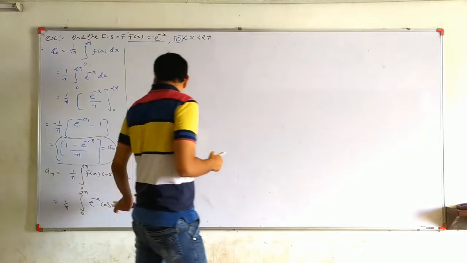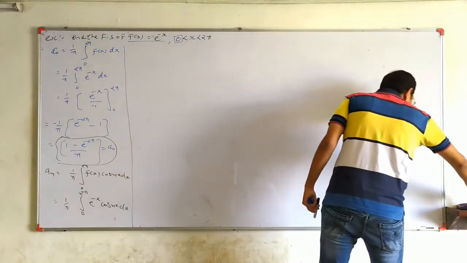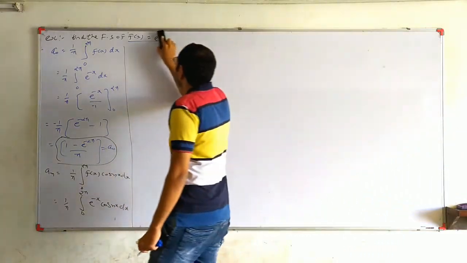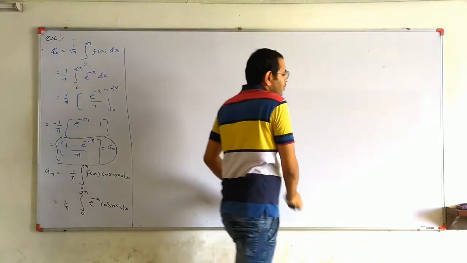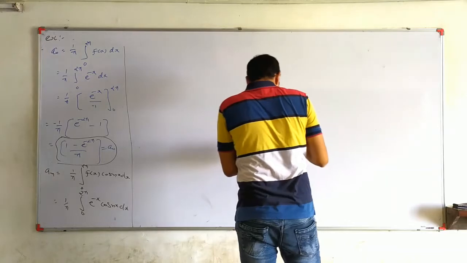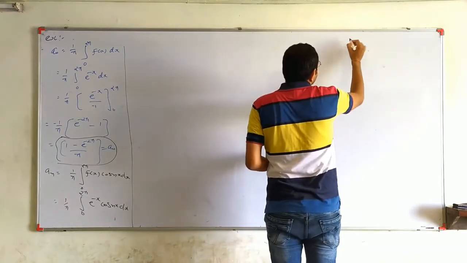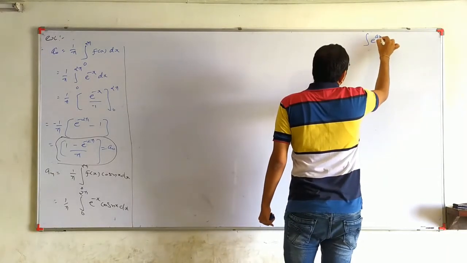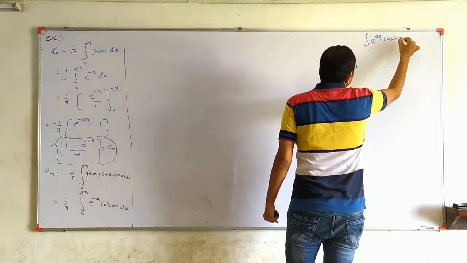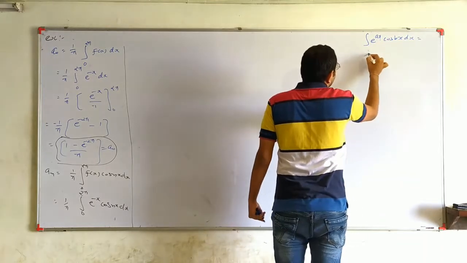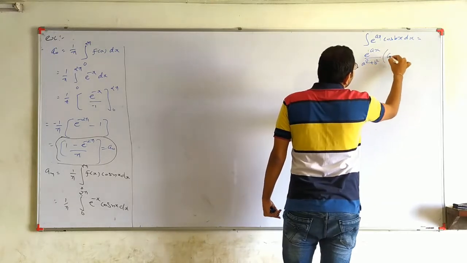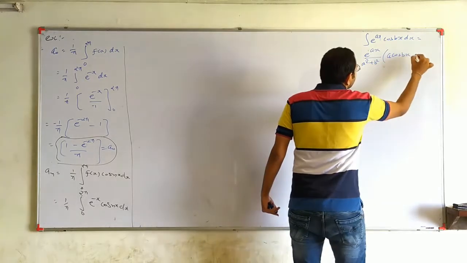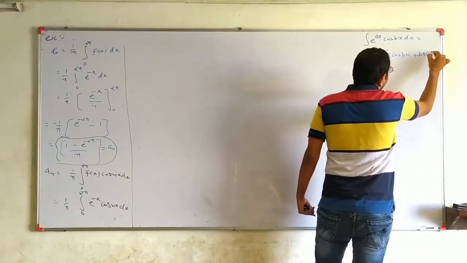In this formula we cannot go for Bernoulli's rule. You already learned in 11th science the integral of e raised to ax cos bx dx, which is e raised to ax upon a square plus b square, times a cos bx plus b sin bx.